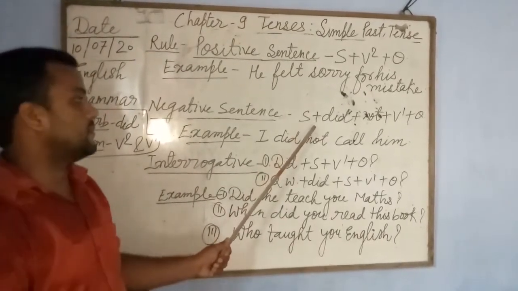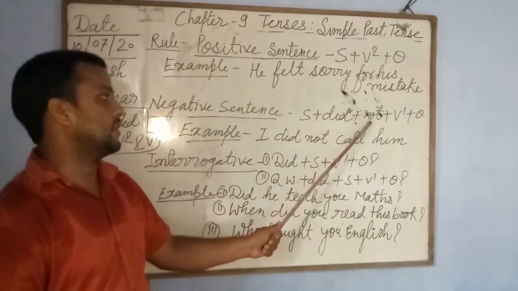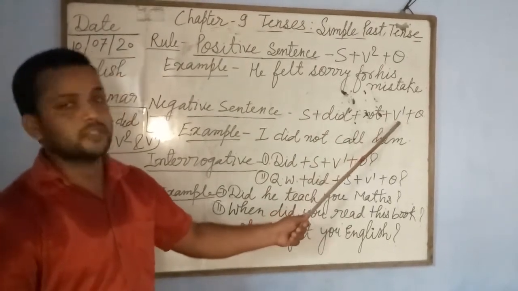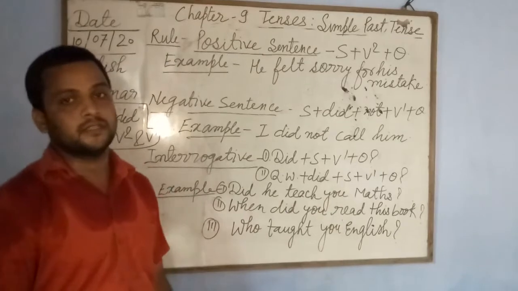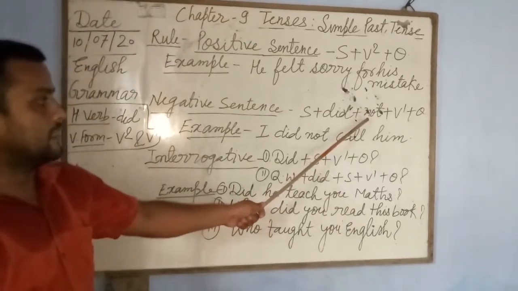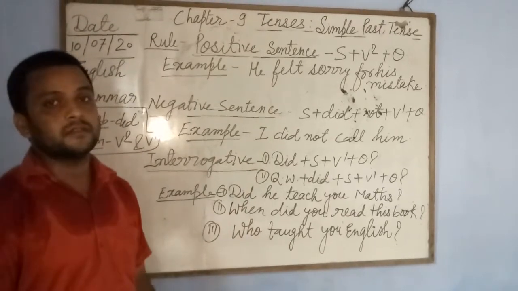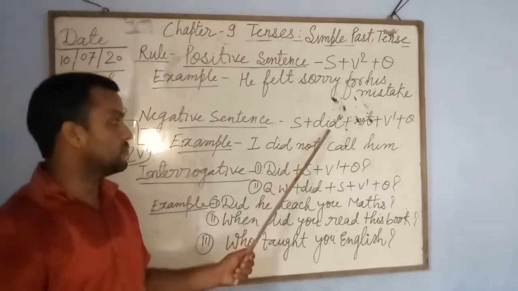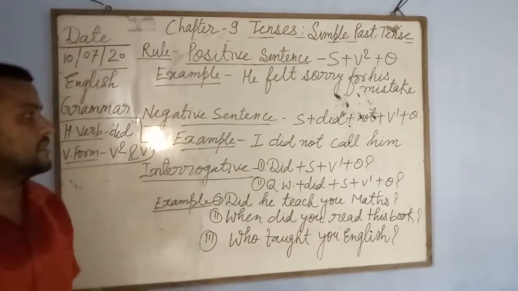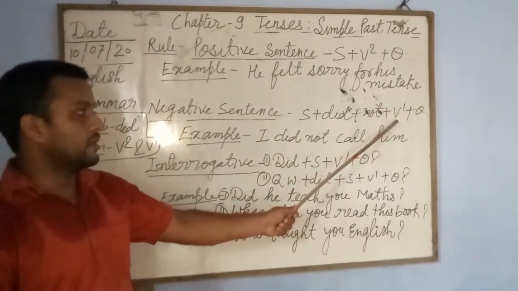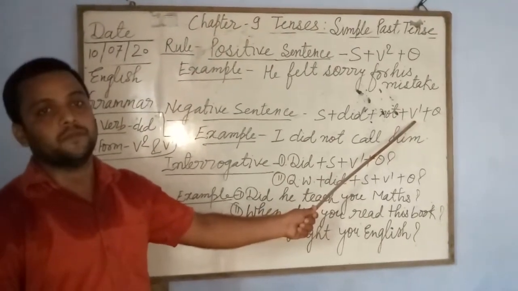What is the rule? Subject, then did, then not, then verb first form, and at last object. Just concentrate your mind, listen to me very carefully. When the sentence is negative, when we use did in the negative sentence, then we use verb first form.